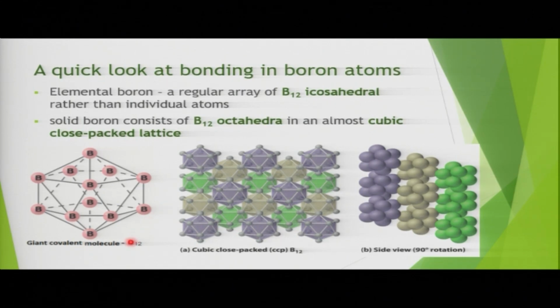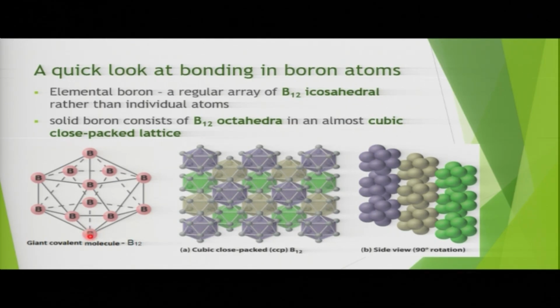So this is a giant covalent molecule of boron. It has 12 atoms bonded together. So boron uses all the 5 electrons in its atom to bond with other boron atoms.